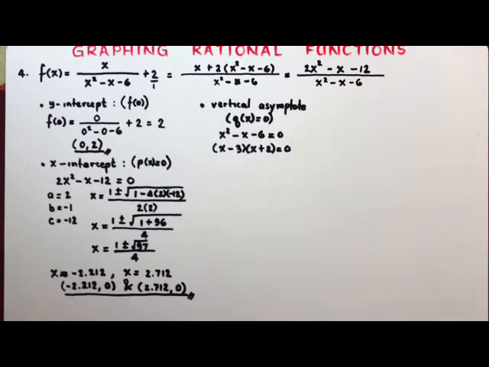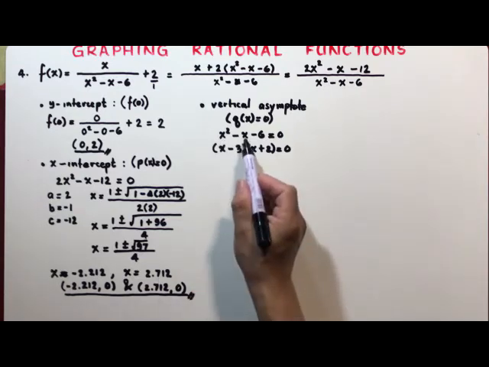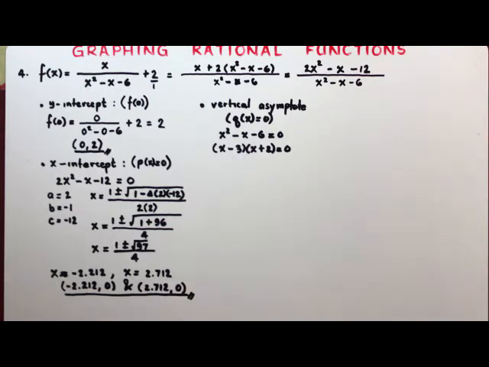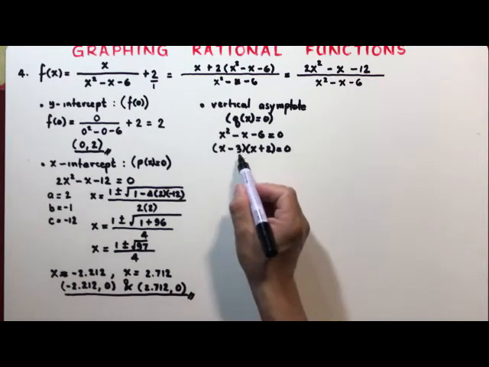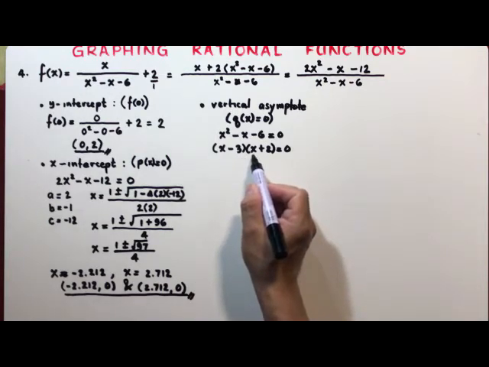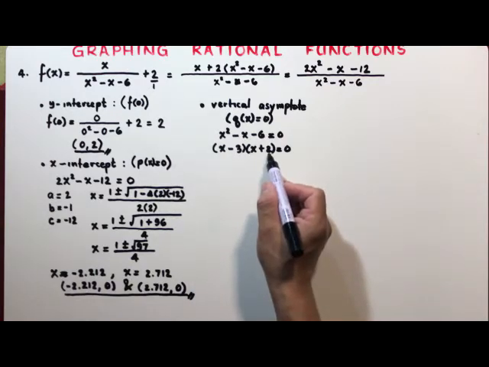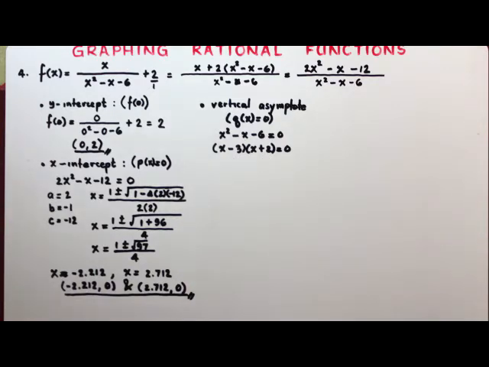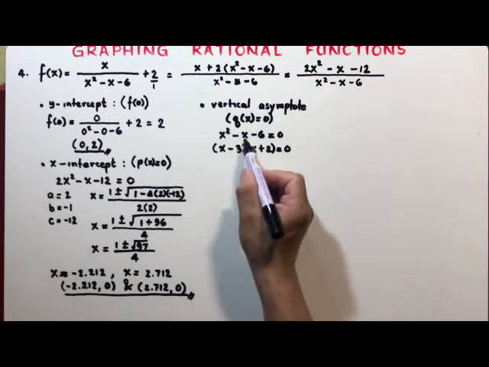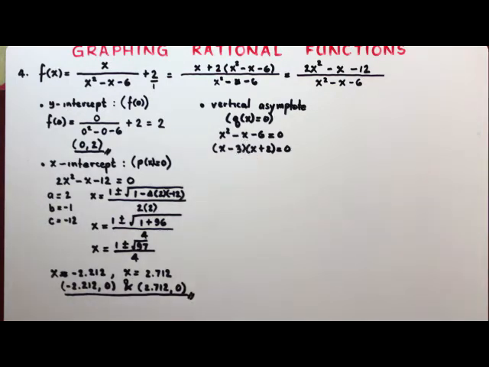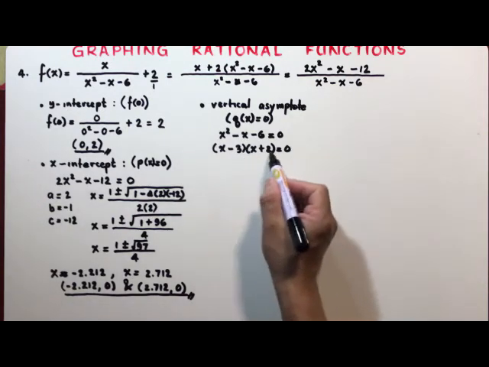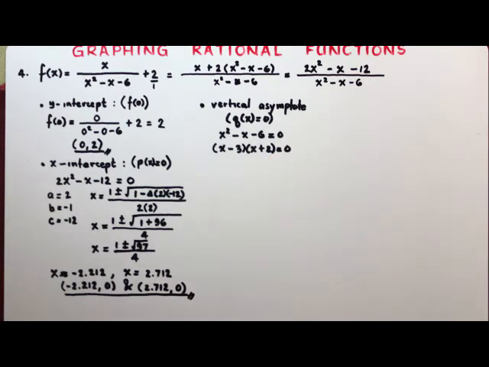You can check that x times x is x squared. To get the middle term of negative x, it is just the sum of the products of the inners and the outers. So negative 3 times x is negative 3x, and x times 2 is positive 2x, and if you add negative 3x plus 2x, it's negative x. And negative 3 times 2 is negative 6, which is our third term.